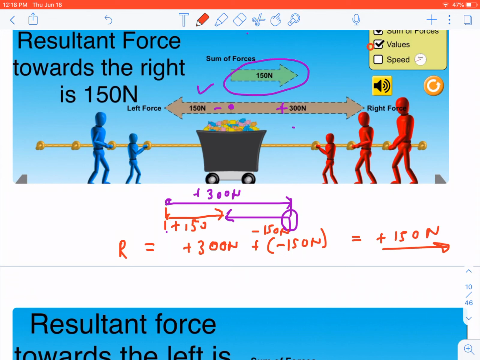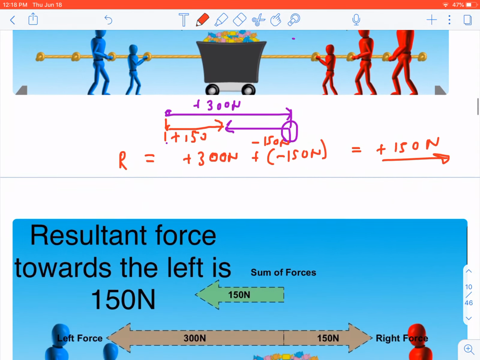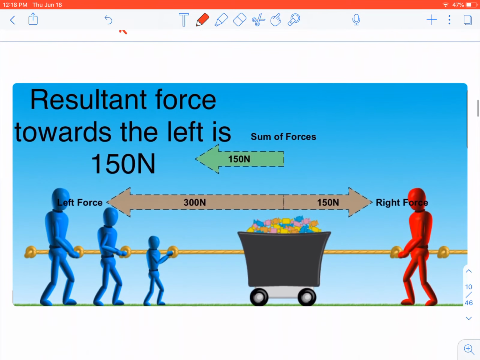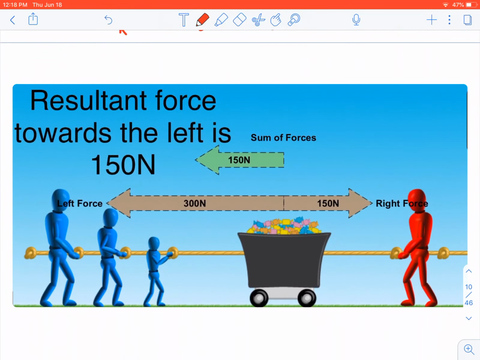That's when we do it algebraically and we take the one direction as positive and the other one as negative. Now let's look at the next one.